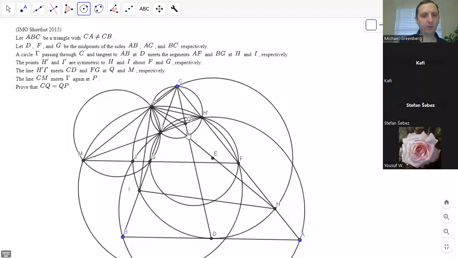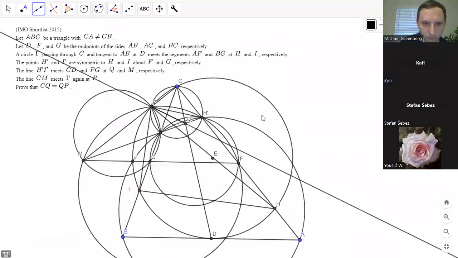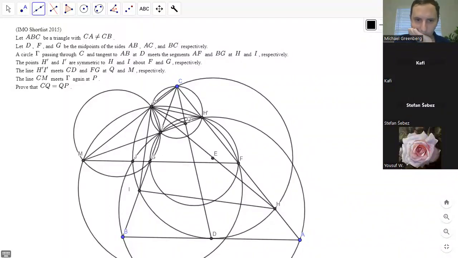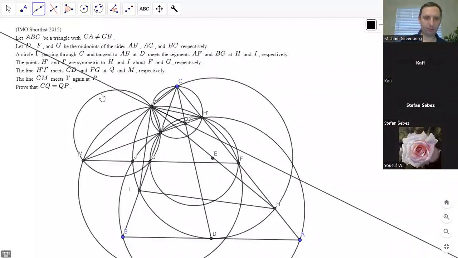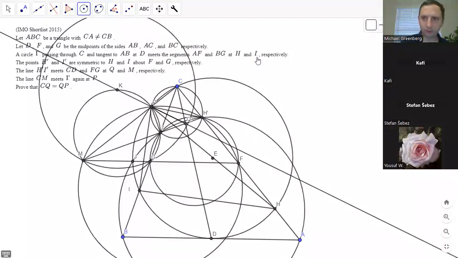Maybe we could somehow show that's PQ times QD. What if I drew this and let it intersect this circle at a point? I think we want to show that KM equals KG. I don't think that's actually true. Never mind.